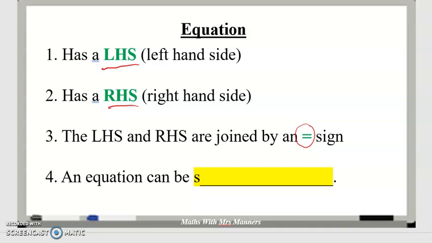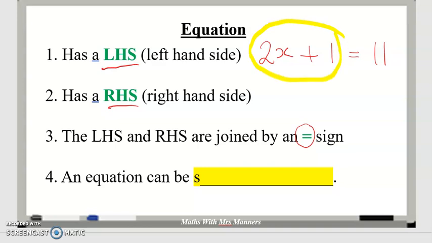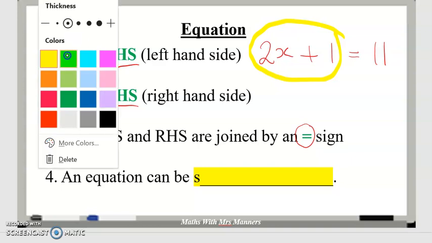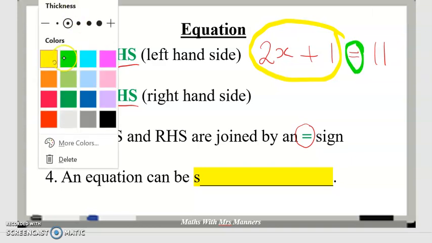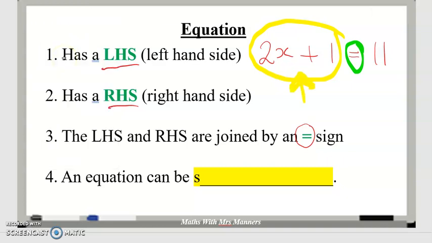So an example of an equation might be something like 2x plus 1 equals 11. And if I highlight my left-hand side, that is everything to the left of my equal sign. So here is my equal sign. On the left of the equal sign is this circled yellow expression.